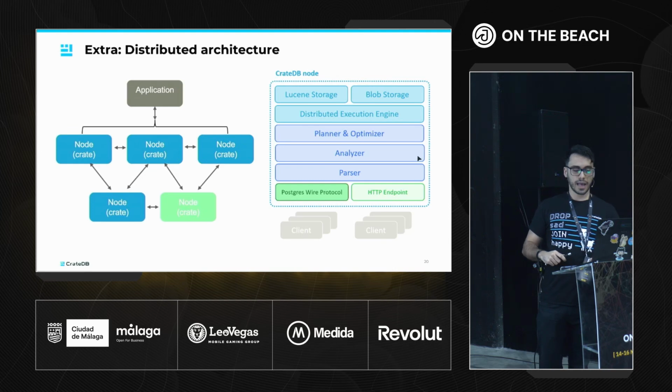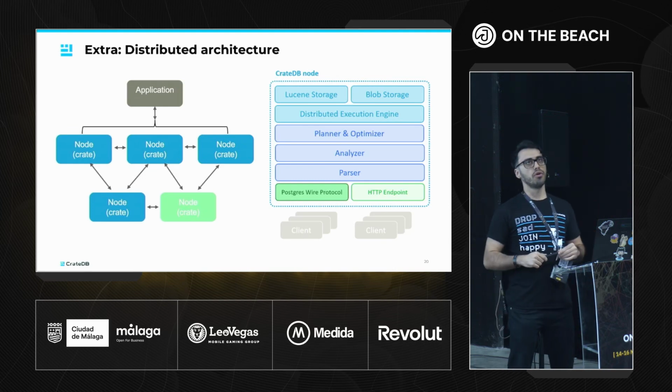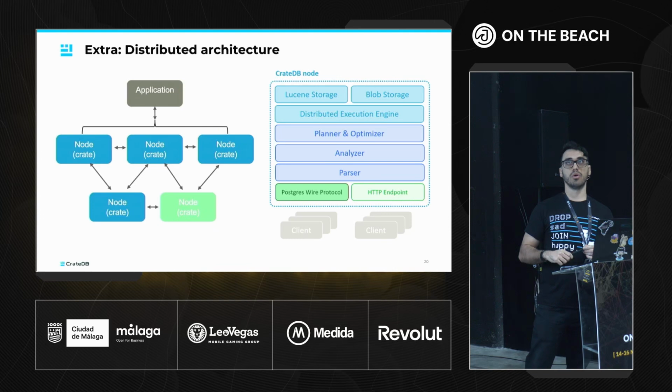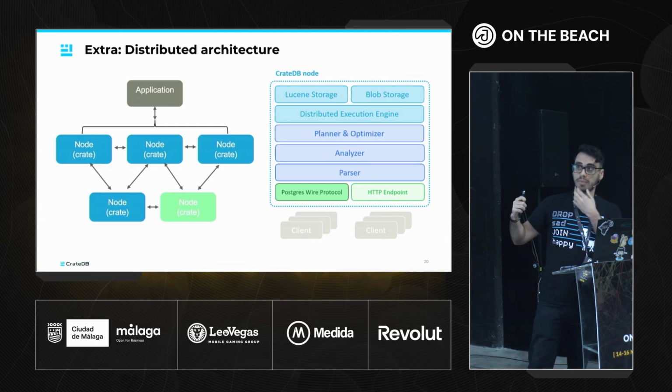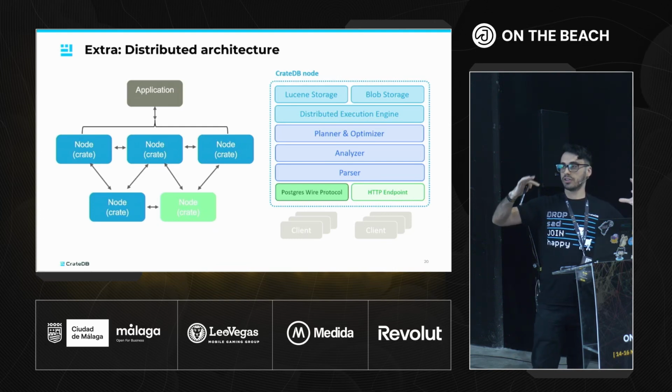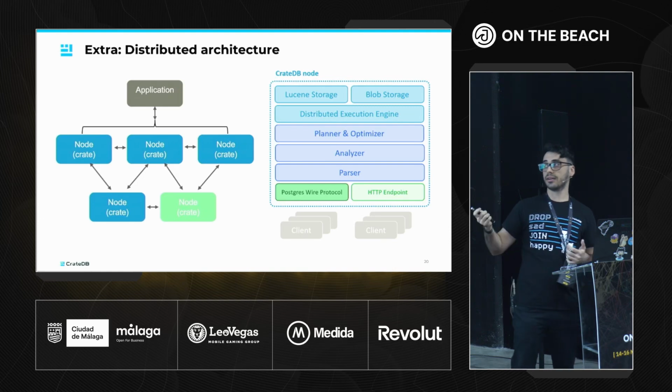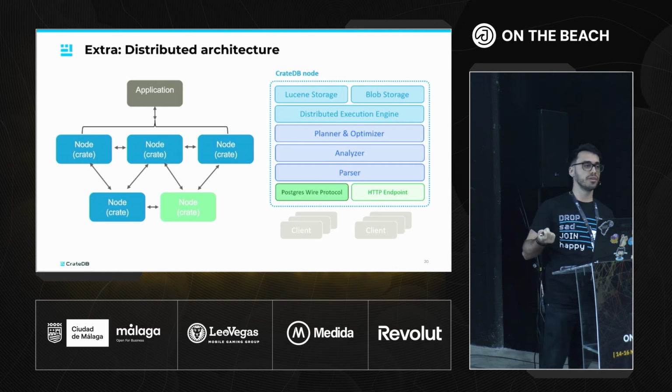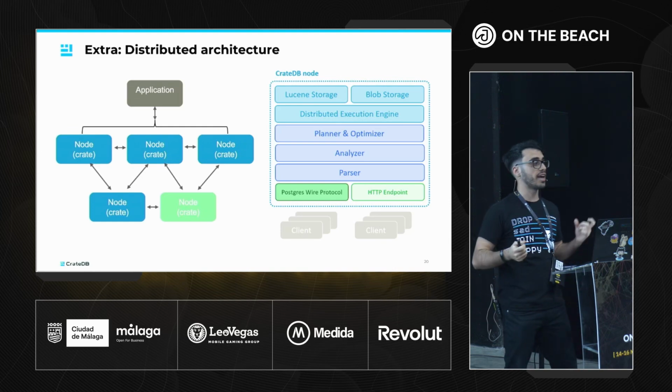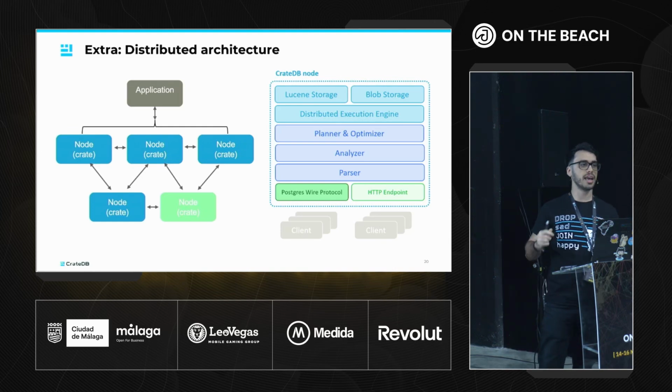I said before that we are very optimized for read operations, and that also holds true when we talk about the actual infrastructure of CrateDB. We are a distributed database, and we have a shared-nothing architecture, which means that every node that you put up of CrateDB has everything to work on itself.